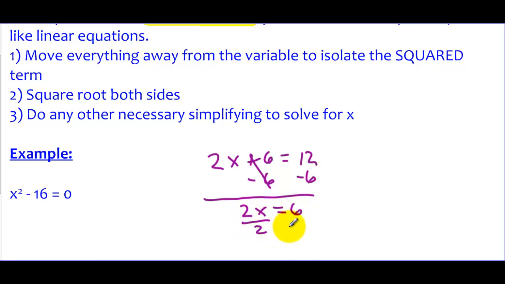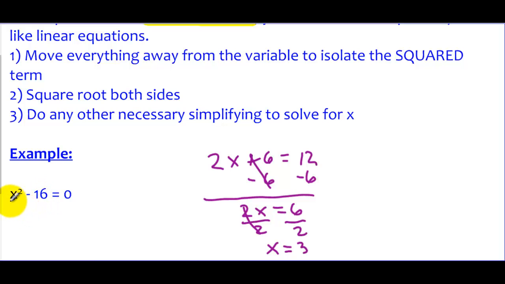And we'd say, okay, I've now isolated my x, and in this case x is 3, right? When there's no middle term, we can use the square root method, and we're going to do the same thing. We're going to get x squared alone, and then the last step is to square root away the squared, because squareds and square roots are opposites of each other, and they'll cancel each other out.